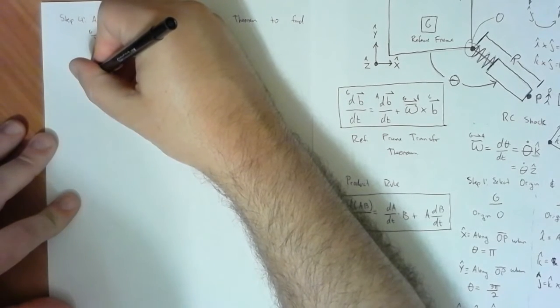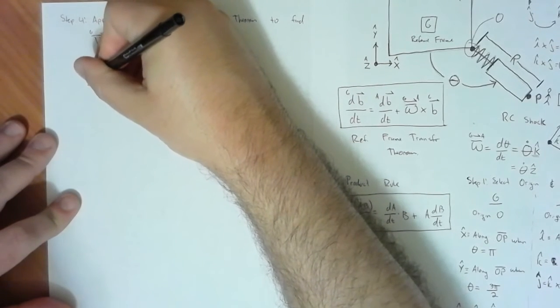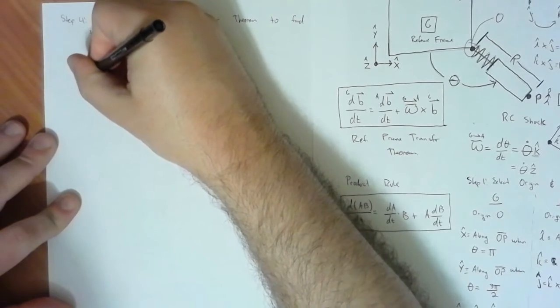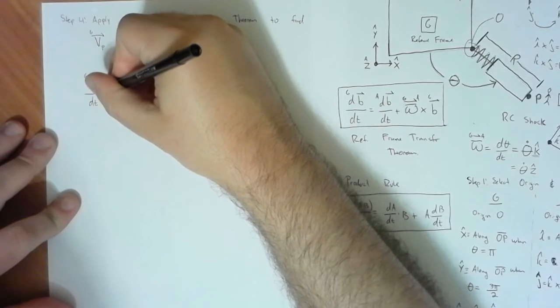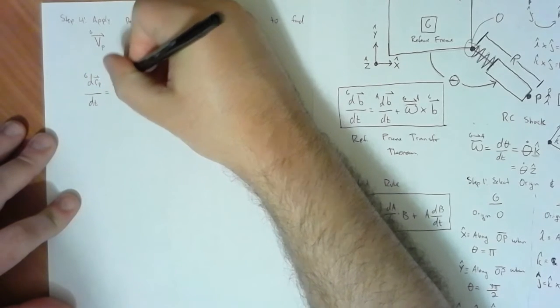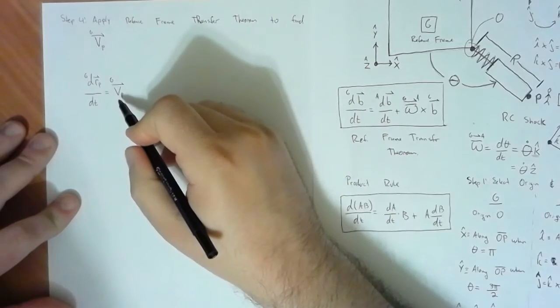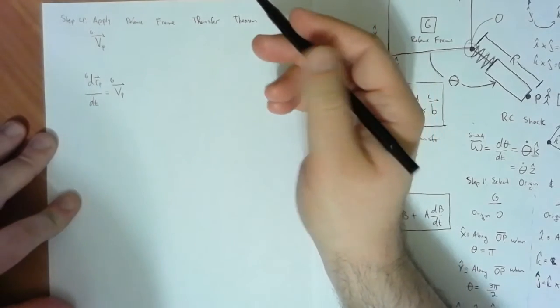So let me just write it. I want the derivative of R_P in the G reference frame with respect to t. If I carry out the derivative, that is in fact the velocity of point P in the G reference frame, which is what I'm going for. That's my goal, so this is good.